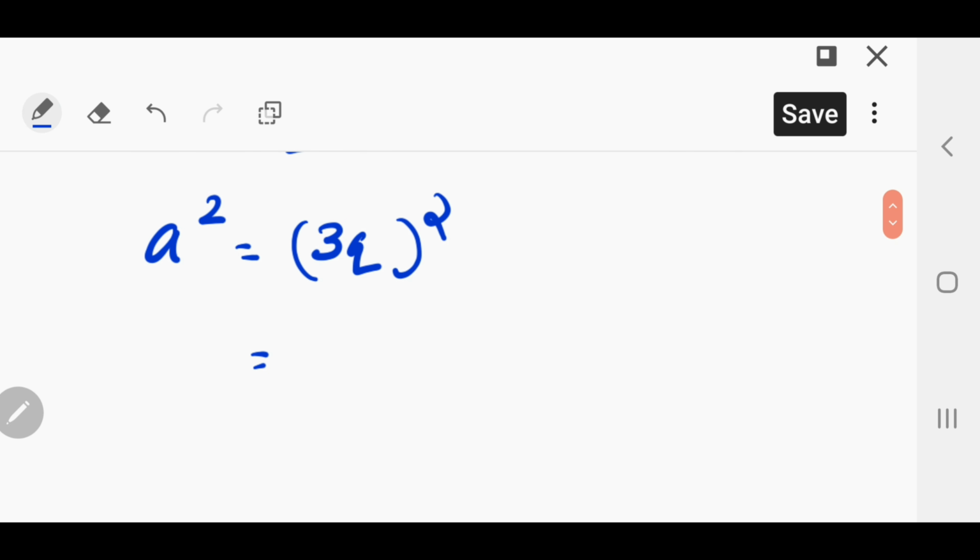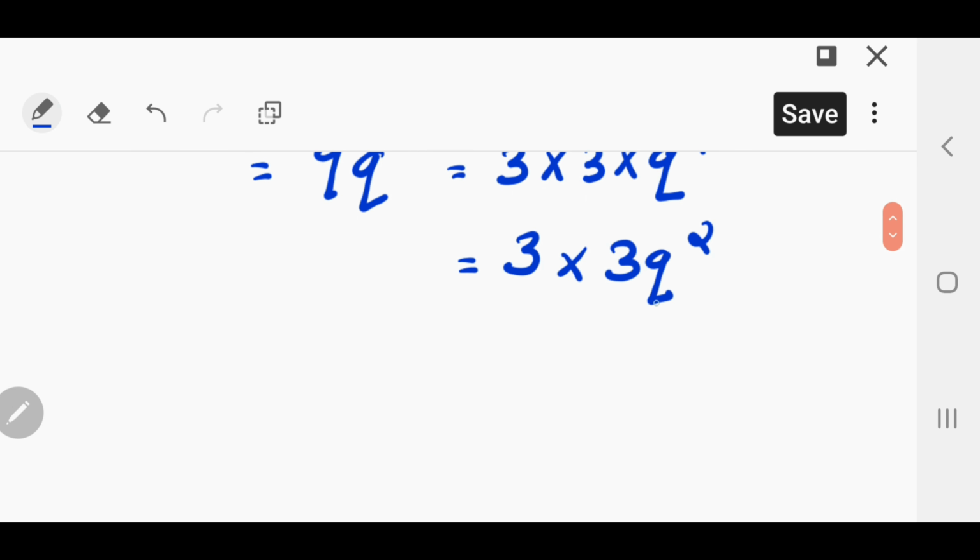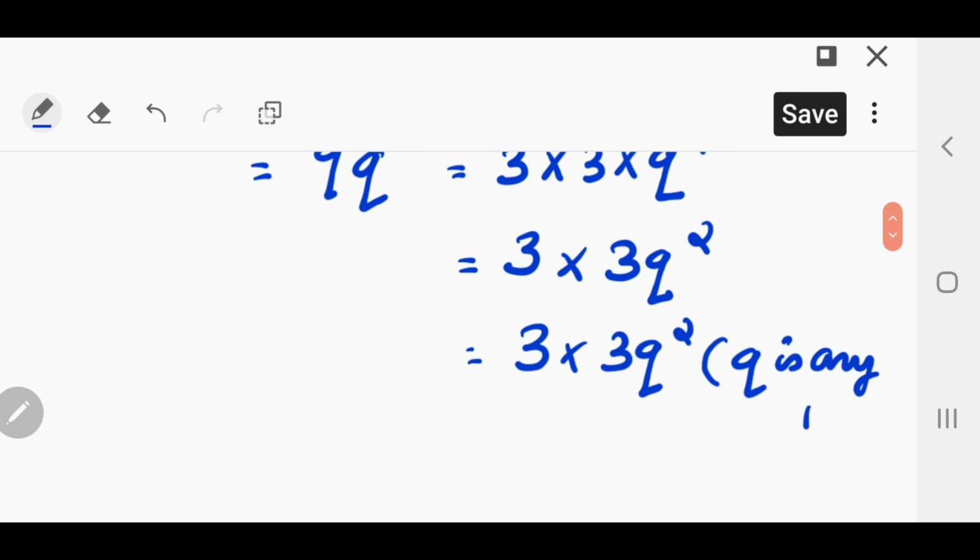So what will be 3q square? 9q square. So this 9q square we can write as 3 into 3 into q square. In the next step we can write as 3 into 3q square. So what is q? q is any integer. So q square is also another integer. So 3 into 3q square, where q is any integer.